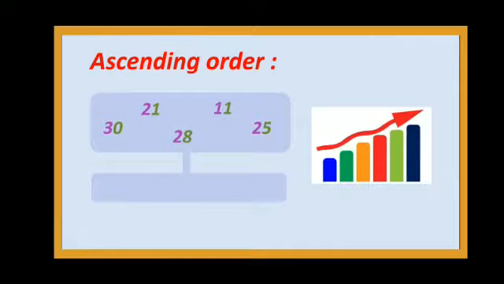Firstly the smallest one comes, that is 11, then 21, 25, 28 and 30. So this is how they are arranged in ascending order.